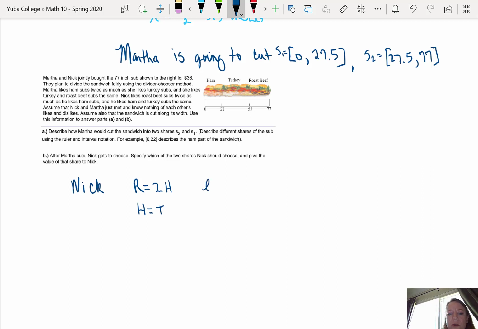So if we let Y equal the value Nick values an inch of ham, they're both in terms of ham.